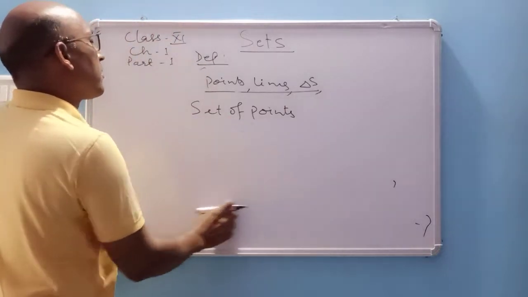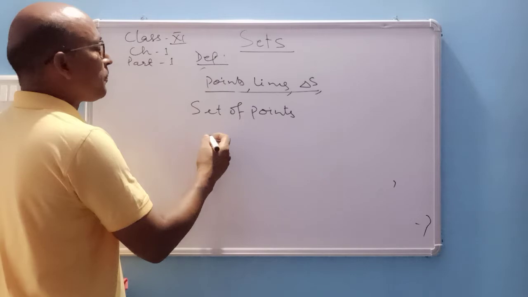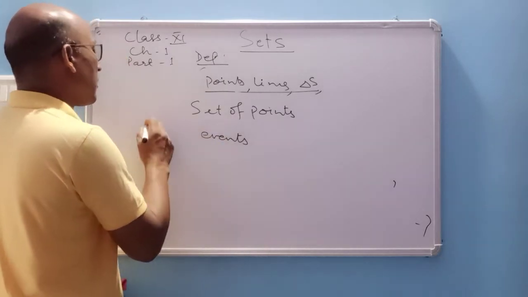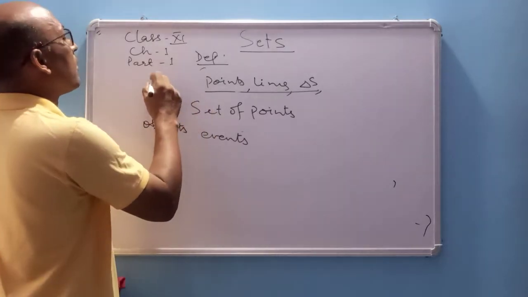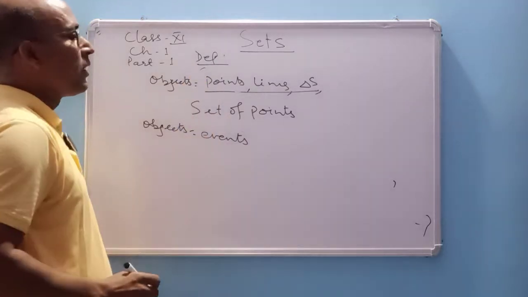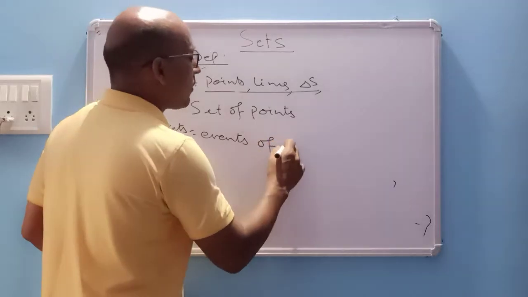Objects of the sets in probability may be the events. Objects of the set may be the events of a trial.